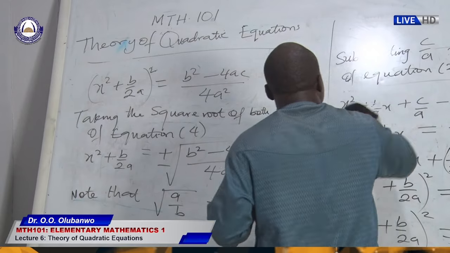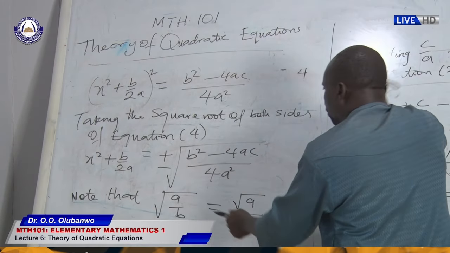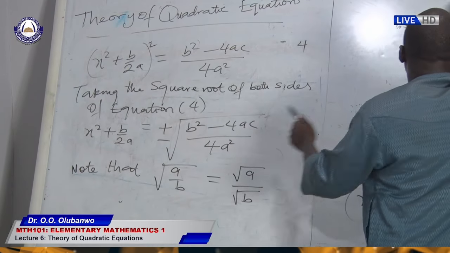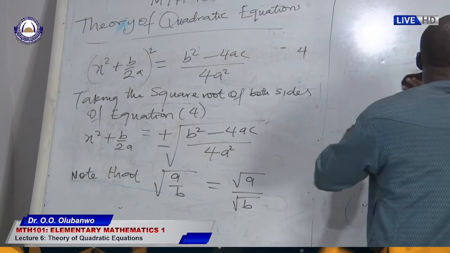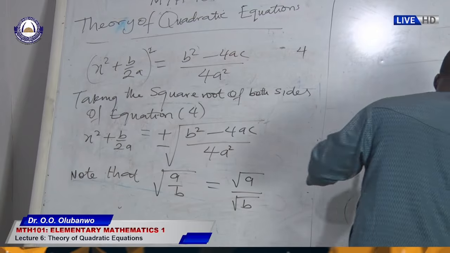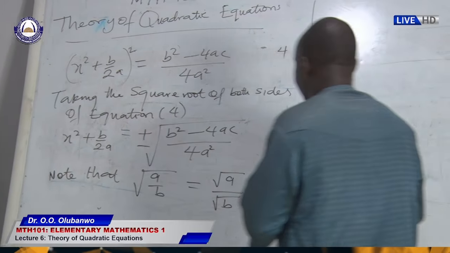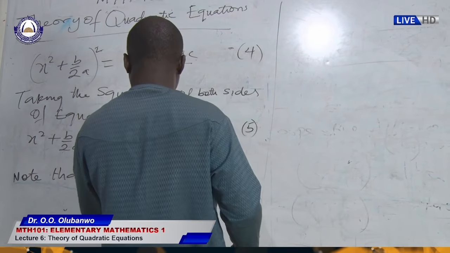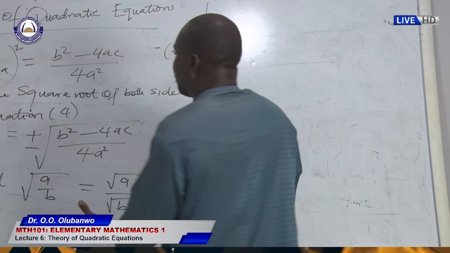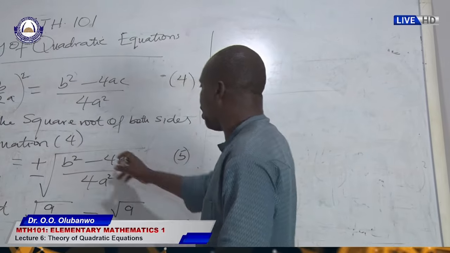Now, class, we are going to apply this principle on the left hand side. Please label this as equation 5. We apply the principle of surds, which we demonstrated here on this side.